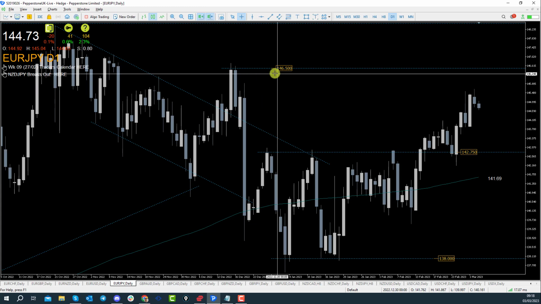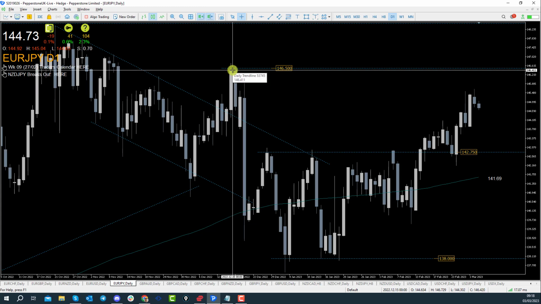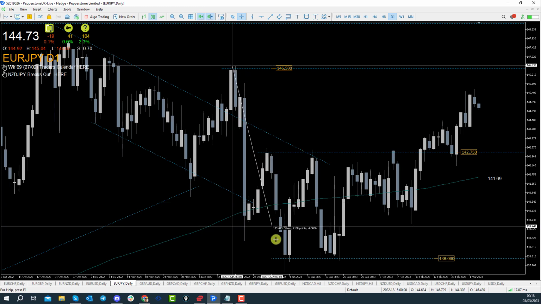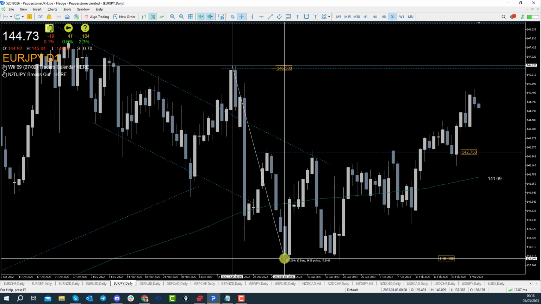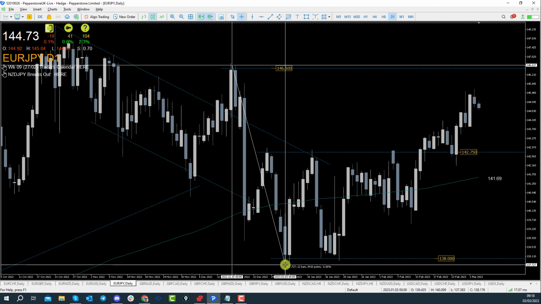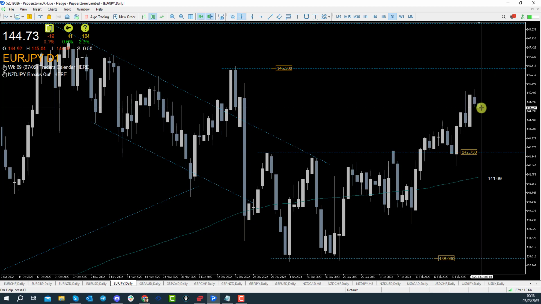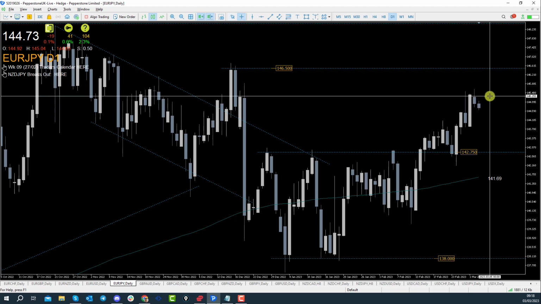Now, I like the 146.50 because it's these highs in here that formed back in December, and we had quite an aggressive move down. It's around about 890 pips to the downside from there. So usually the market will want to go and retest these areas again. From that standpoint, you can say, yeah, okay, I understand where we're going with this in terms of price could trade to the upside.